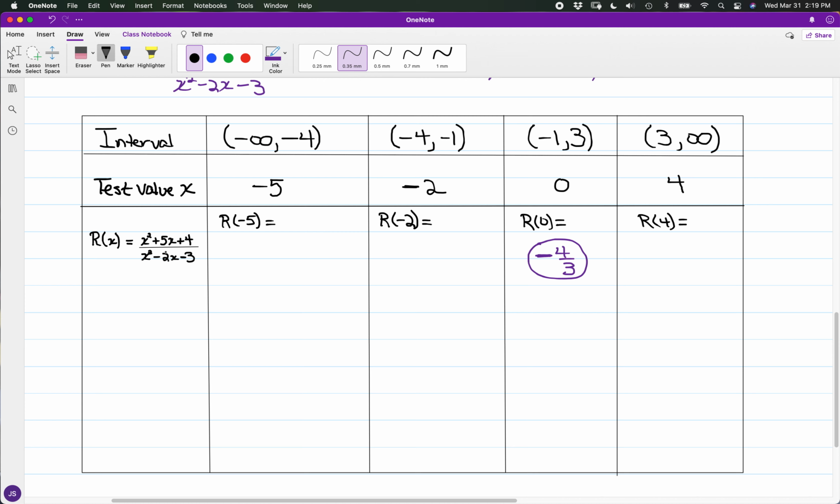Now for r of -5, if I replace x with -5, I have -5 squared plus 5 times -5, plus 4.